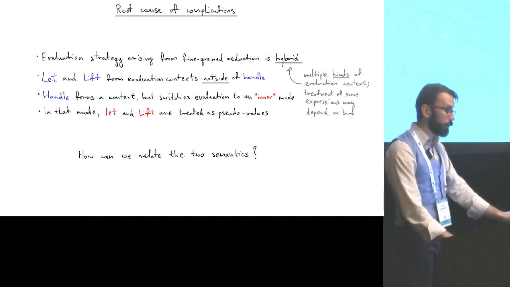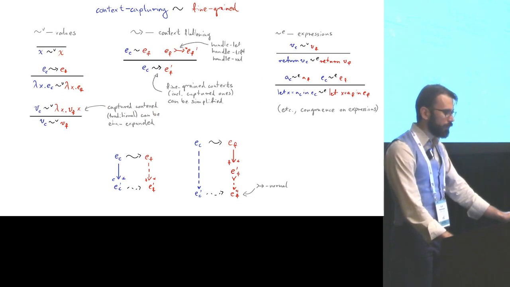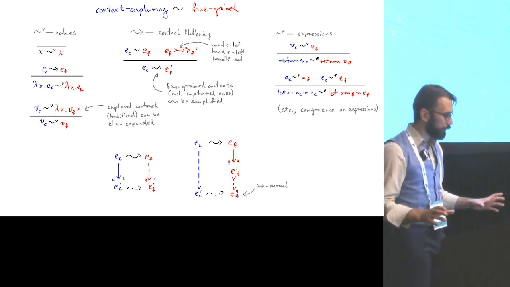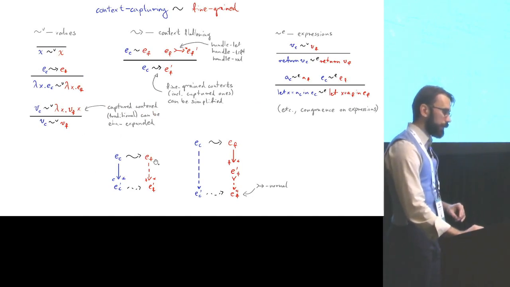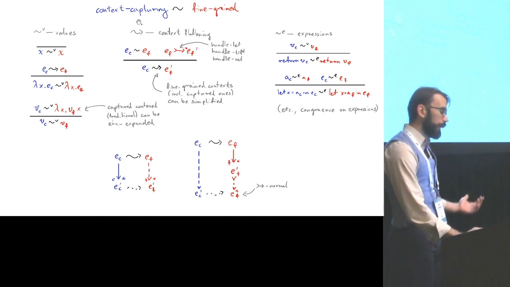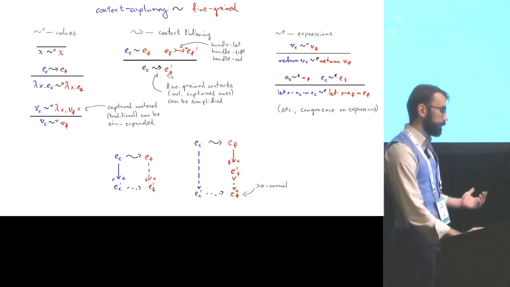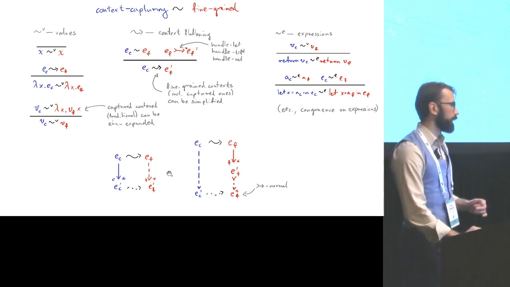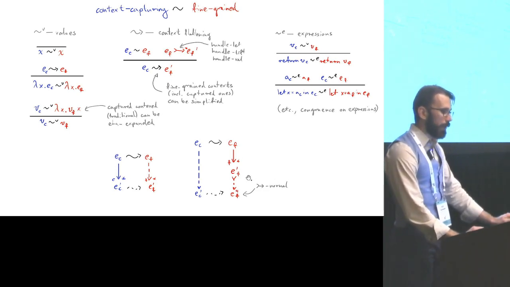Okay, can we relate the two? I'm running out of time, so I won't go into too much detail of how we do it. But the idea is that we can define several relations and then relate the context capturing reductions to the fine-grained reductions that we've defined. One direction is simpler; the square on the bottom left is pretty standard. The other direction is slightly trickier.